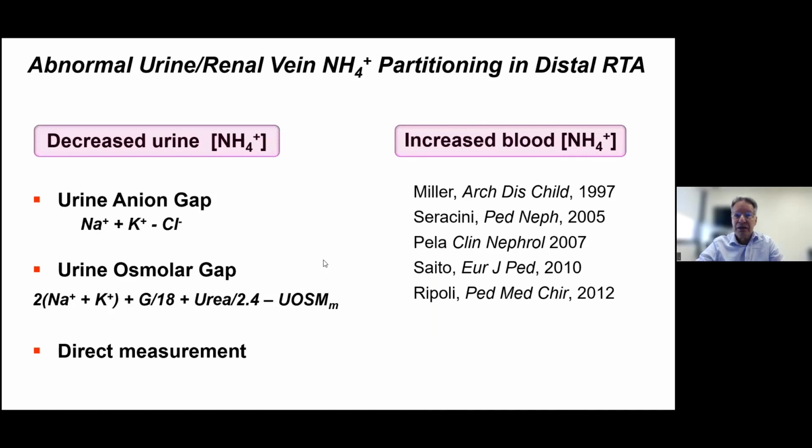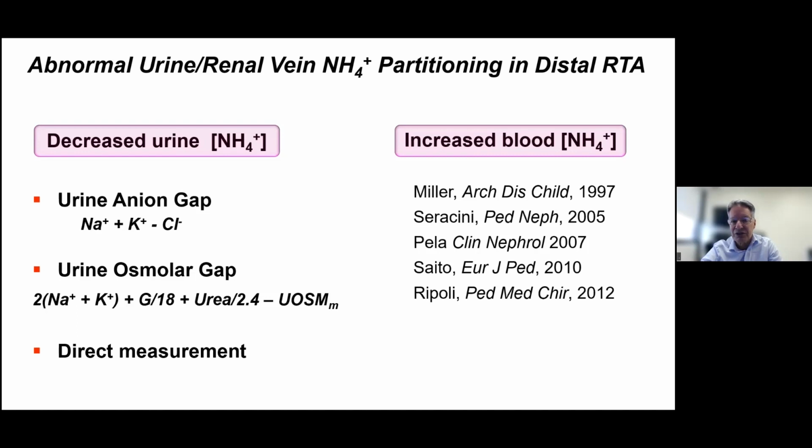Now, because of this abnormal urine to renal vein partitioning, you may recall that patients with distal RTA have a lower urine ammonia concentration and excretion. But in them, it's not because of a production problem to a large extent, like it is in CKD. CKD patients also have a low urine ammonia excretion and concentration, but there it's a proximal tubule production problem from glutamine to alpha-ketoglutarate.